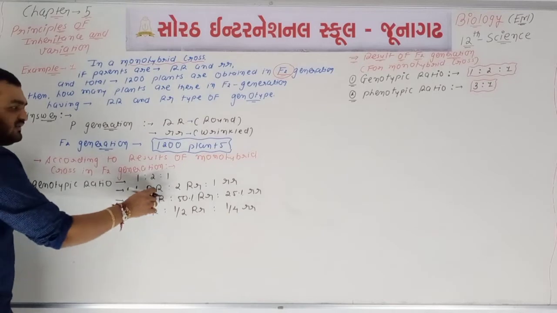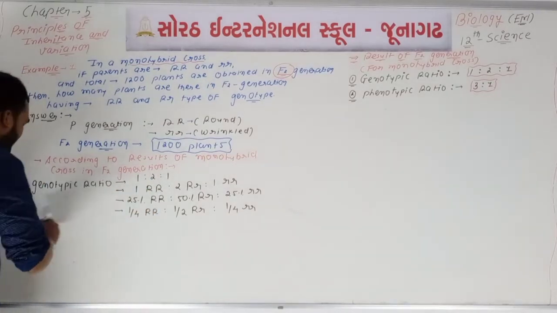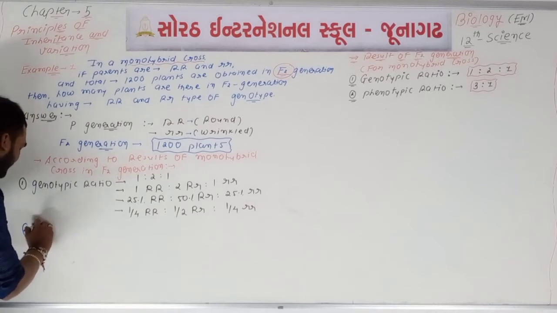You will put this sign in this result. So it is the genotypic ratio, and now what about the phenotypic ratio?